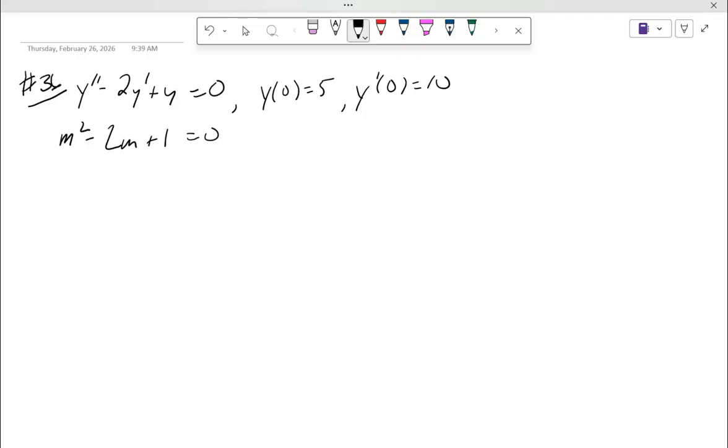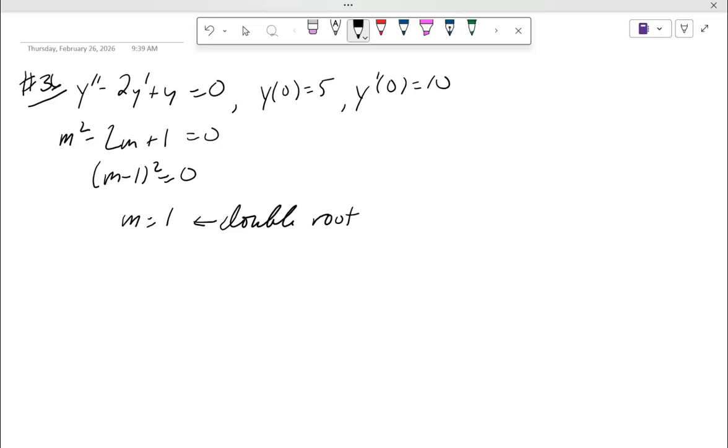It's going to be step one in all of these problems. How's that factor? Good. All right, so in this case, we get a solution of m equals 1.